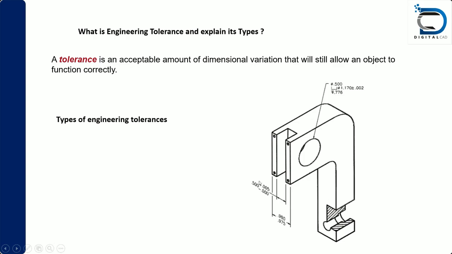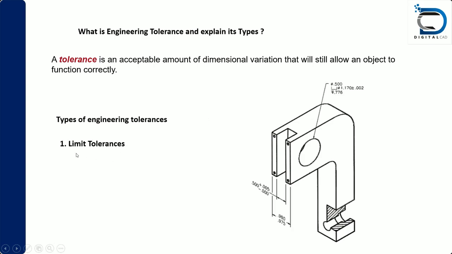For example, here you can see the dimension is 500 plus or minus 0.005. This is the actual dimension and the variation is this, so this variation we call a tolerance. Here also you can see. So there are three types of engineering tolerances.